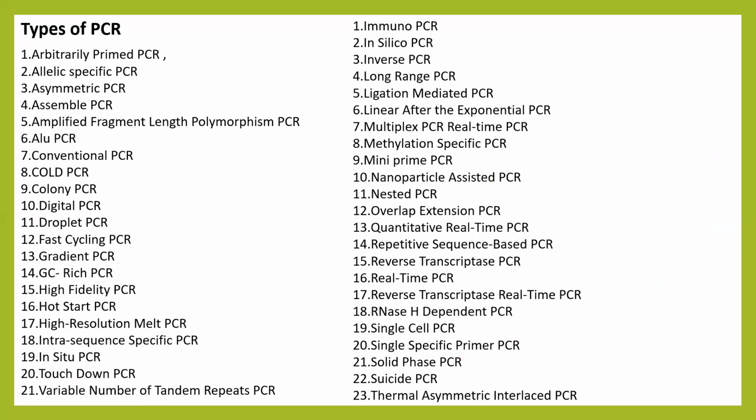There are different types of PCR, which are present in the slides: arbitrary primed, asymmetric, assembly, colony, digital, droplet, fast cycling, GC-rich, high fidelity, hot start, high resolution melt, in situ, touchdown, variable number of tandem repeats, immuno, in silico, inverse, long range, ligation mediated, multiplex PCR, real-time PCR, methylation specific, nested PCR, overlap extension PCR, quantitative real-time PCR, reverse transcription PCR, and thermal asymmetric interlaced PCR.